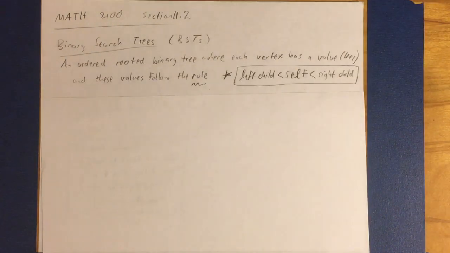So a binary search tree is an ordered, rooted binary tree, which was all defined in the previous section, where each vertex is given a value called a key.